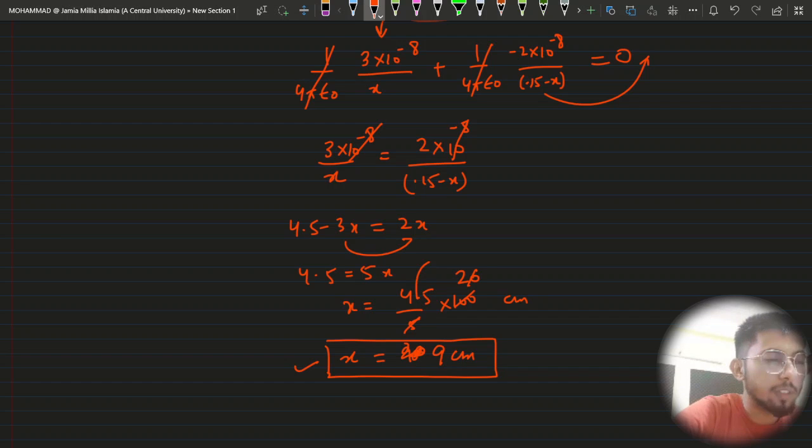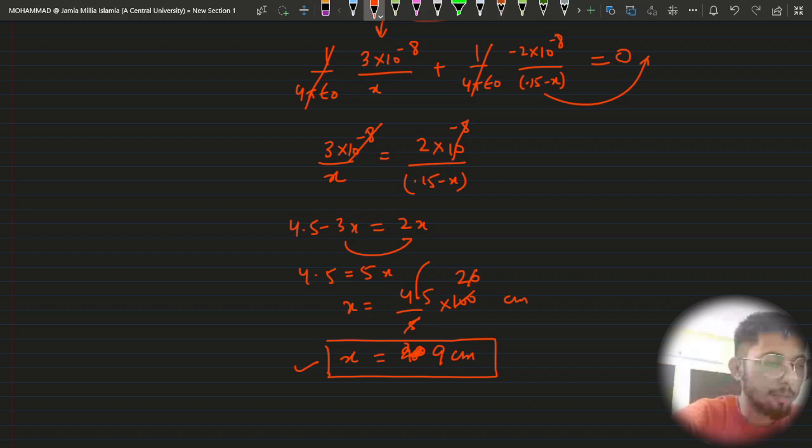Let us see example 14. You just see it in the book. So two charges of minus q and plus q are located at A and B. Can you see?